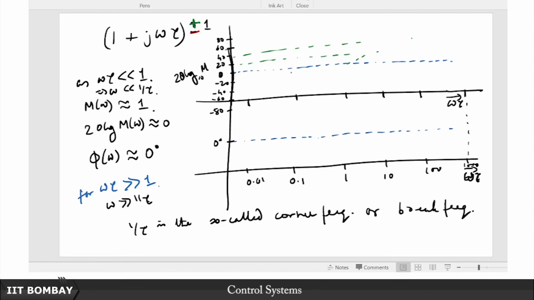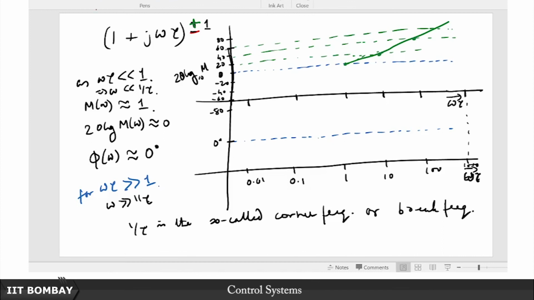So, let me be a little careful about this. So, this is 20 dB here, this is 40 dB here, this is 60 dB here. So, basically at omega tau equal to 1, it must be here, at omega tau equal to 10, it must be here, at omega tau equal to 100, it must be here, that is enough. So, that is my high frequency asymptote.